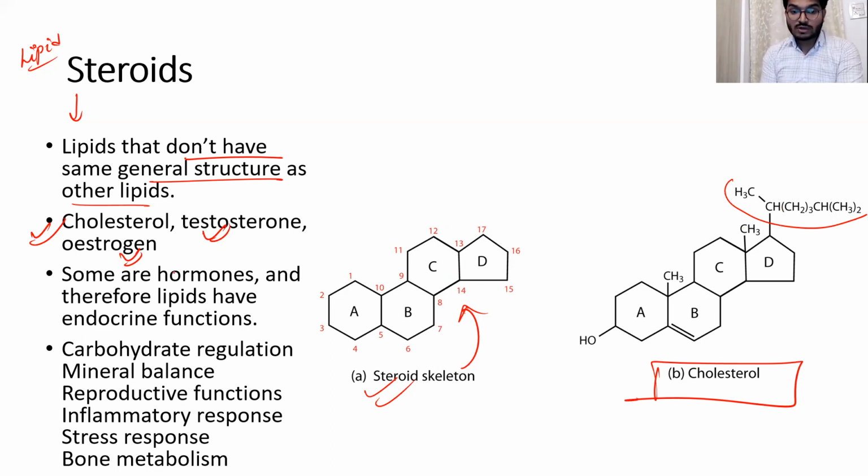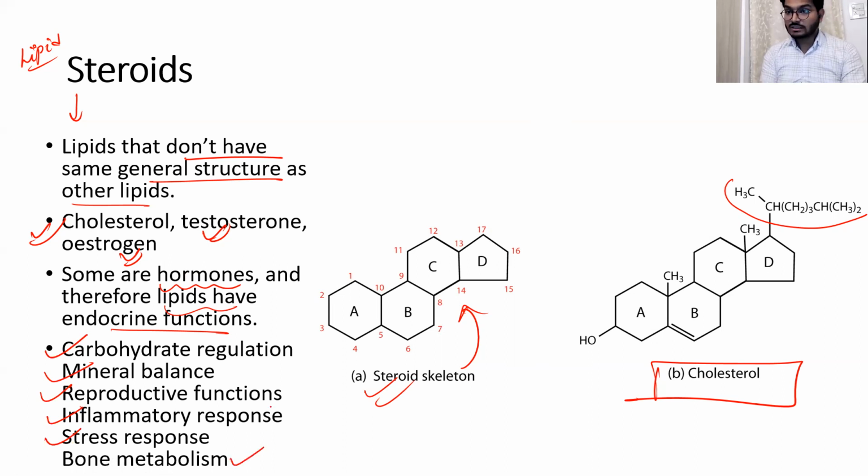Some steroids are basically hormones, and therefore lipids have the endocrine function. The functions of the steroid hormones could be carbohydrate regulation, mineral balance, reproductive function, inflammatory response, the stress response, and bone metabolism.